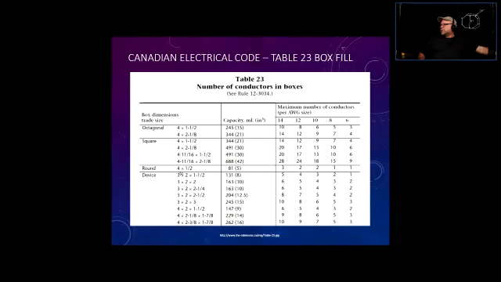The last one will be a 1/2 inch, because you can fit only 3 wires, 2 wires. So that's a very shallow box. Based on that, you can follow this table to find out how many conductors you can fit in that box.